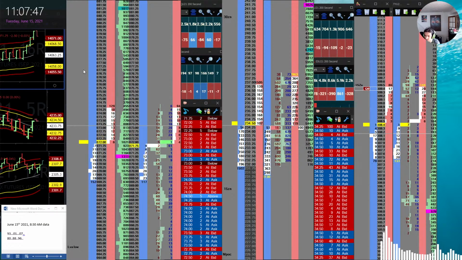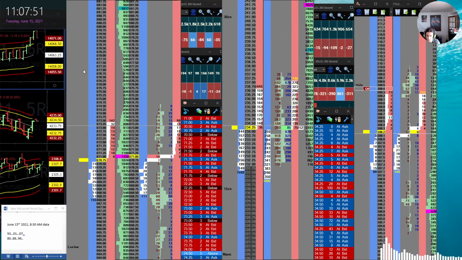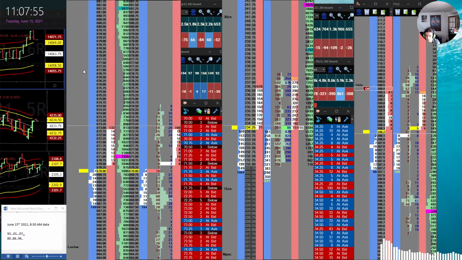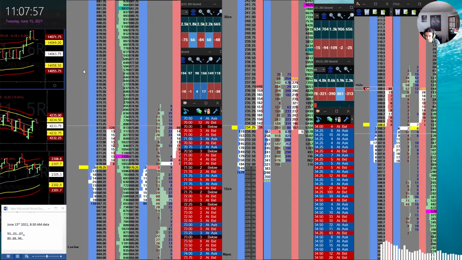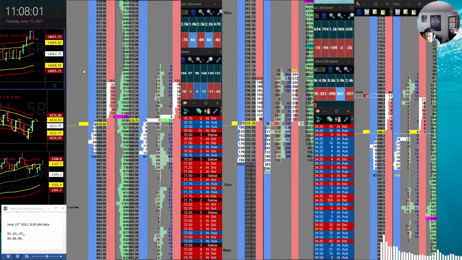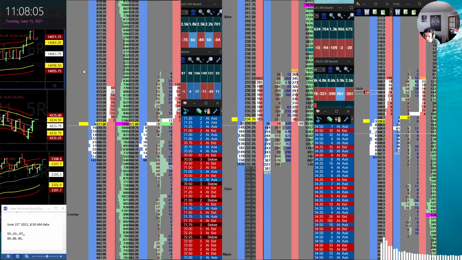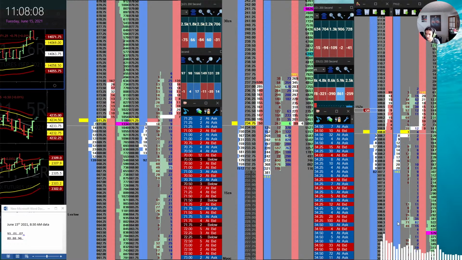Here come the Russell, 85, 84 bid. A lot of sell orders on the Russell. That's kind of a little bit alarming, just a little. So we might have seen some sellers get trapped here. So I'm watching very closely how this trades here.